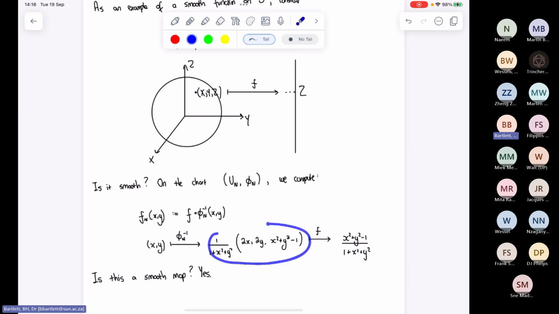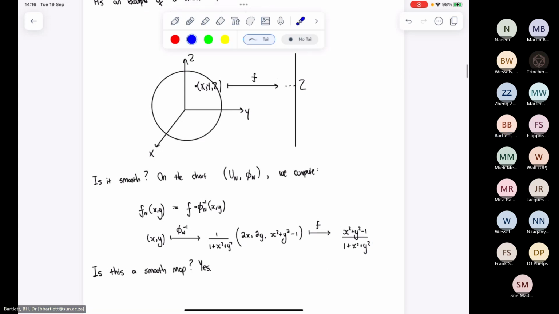It will get mapped to this by inverse stereographic projection. And then I apply f. Remember what f does? It extracts out this z component, which is this divided by this. So this function here takes x comma y to this formula here. And that's a smooth map because you can see you can infinitely differentiate that with respect to x and y. So that's definitely smooth.